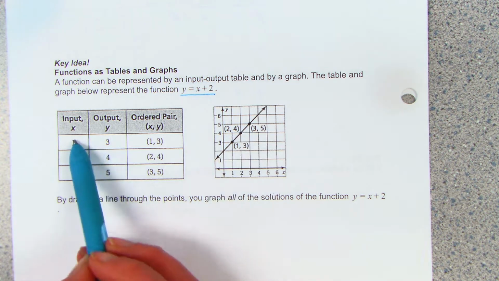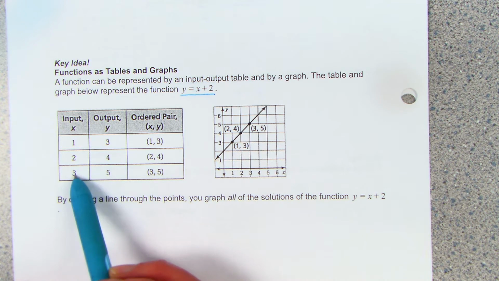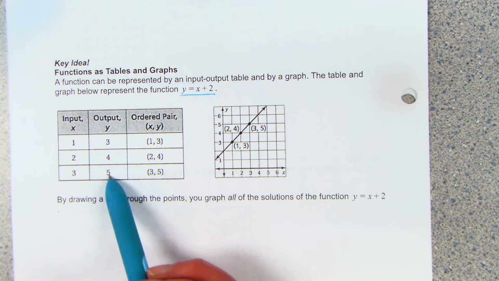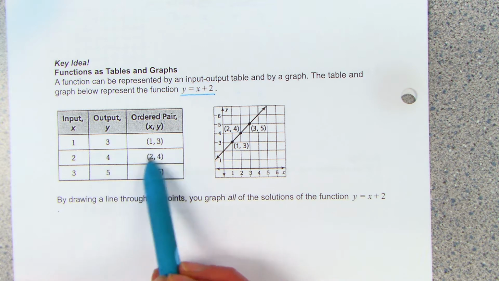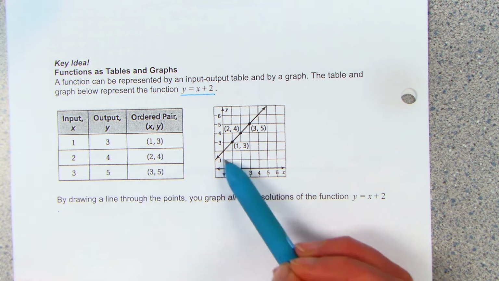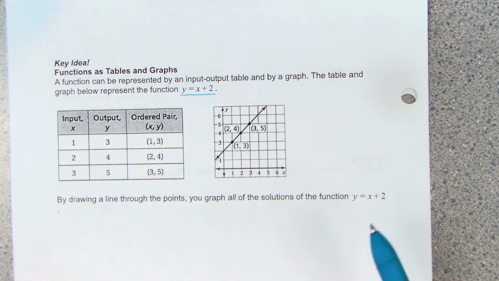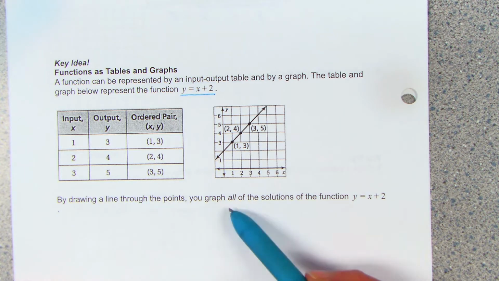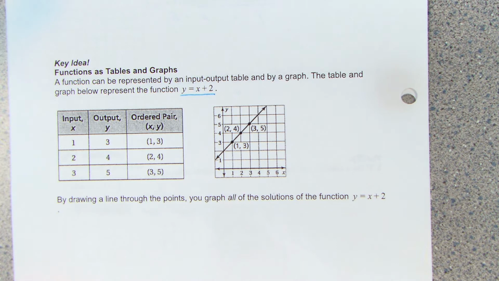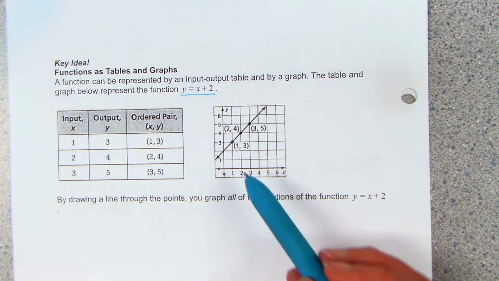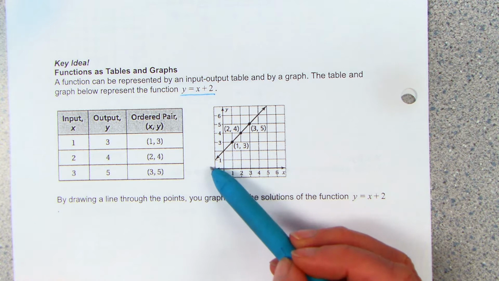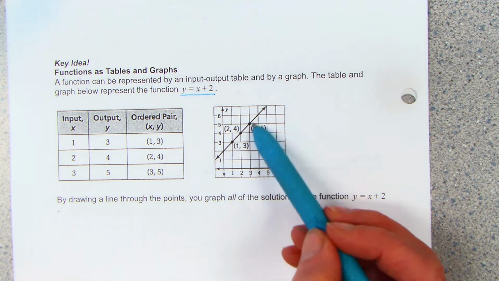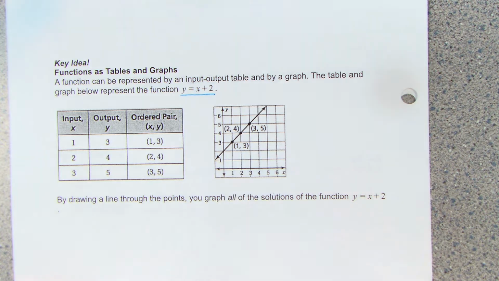Right? So that you choose some values for x, substitute that into the equation that generates the value for y, which then gives you your ordered pair, and then you can graph from the ordered pairs. By drawing a line through the points, you graph all of the solutions of the function y equals x plus 2. And I think, hopefully, we know by now that all of the solutions are on the line and everything on the line is a solution.